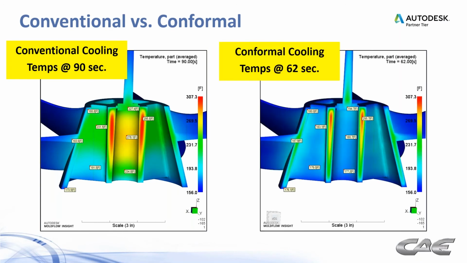What I did in this case was ran the cooling time out until we got similar temperature results in both of the designs. So on the left, to get the temperatures where they are in this cross section took 90 seconds. And on the right, it took 62 seconds. There's 191 up to 231 degrees as you go up the core here. That's a 40-degree variation. Here we've got a 4-degree variation.